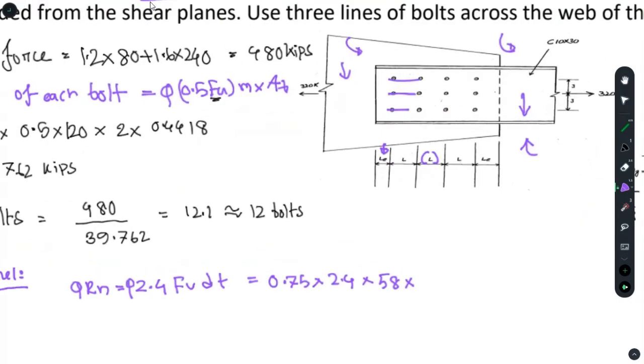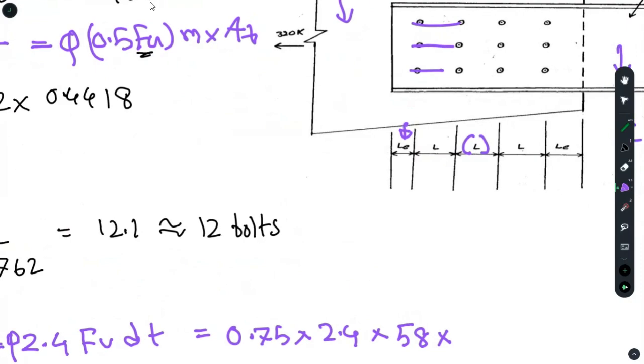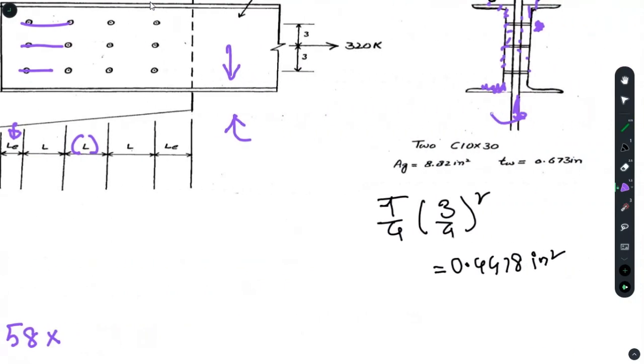Let's zoom a little bit. d value means the diameter of the bolt, and t value, since we are doing it for the channel, means the thickness, which is this tw, the thickness of your channel, which is this value right over here.